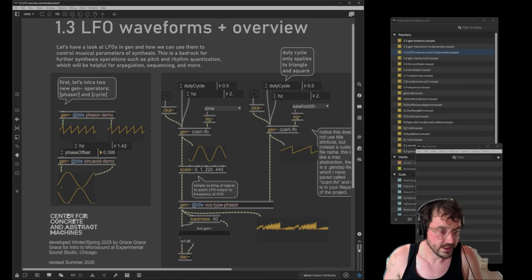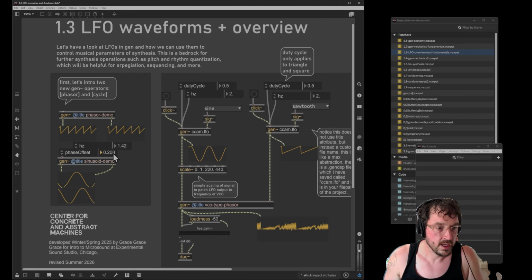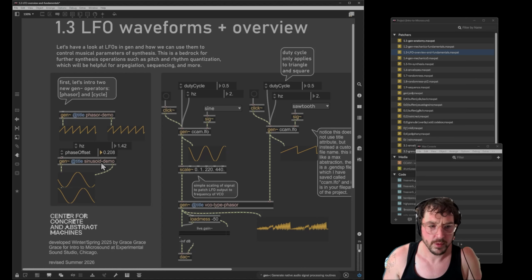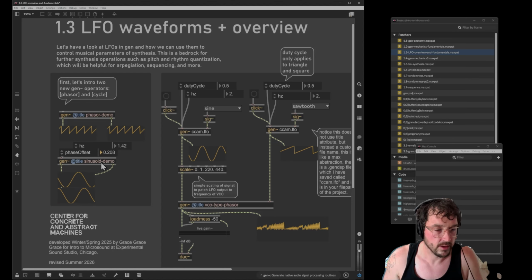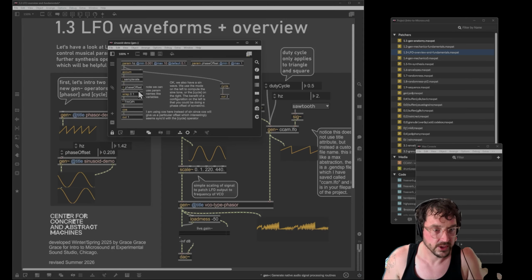If I go to 0.25, we'll see that they are offset like so, and so on and so forth. There would be ways to smooth this as well, but we're not really looking at that yet. I just want to illustrate this principle.